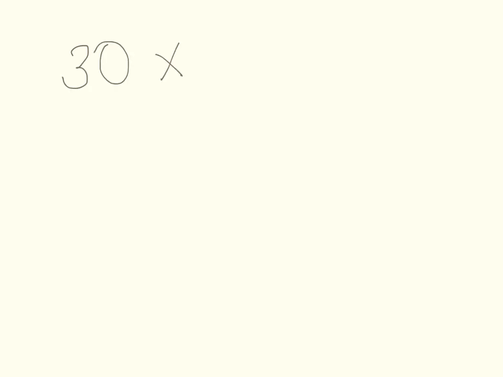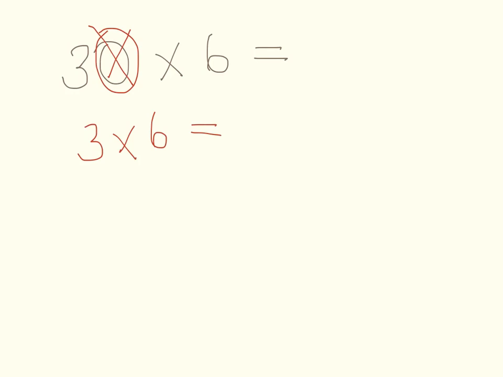30 times 6. So, I'm going to pretend that that 0 is not there. And I'm going to try to just do 3 times 6. Much easier for me to think about because the numbers are smaller. 6 plus 6 plus 6. 6 plus 6 is 12, plus 6 more is 18.